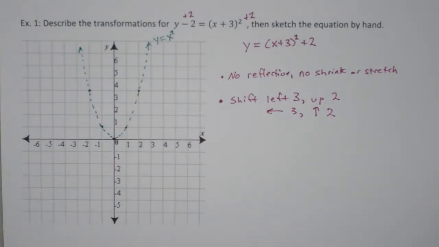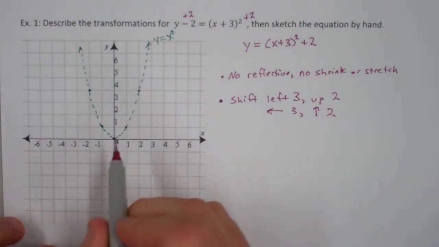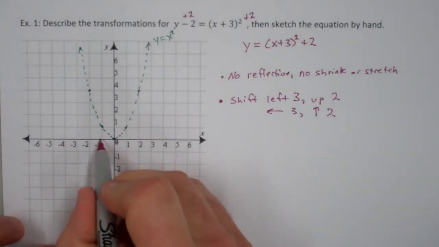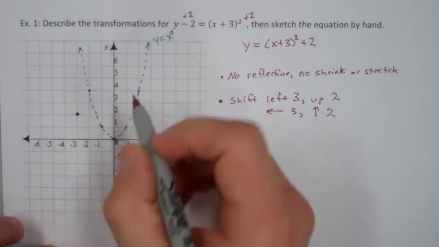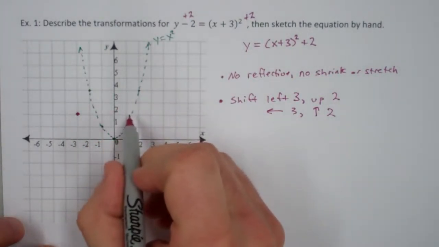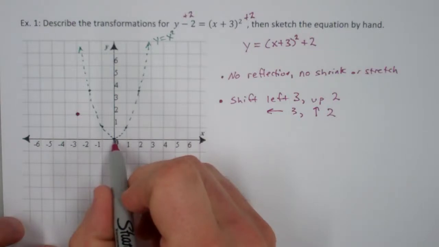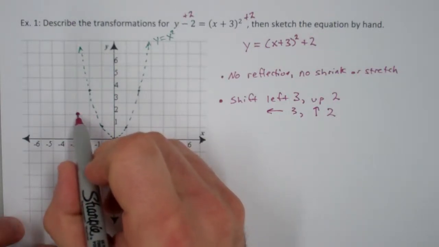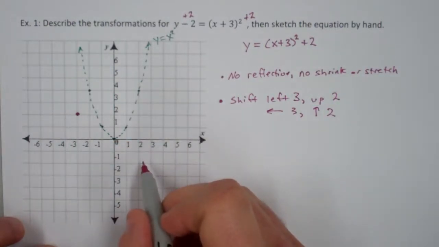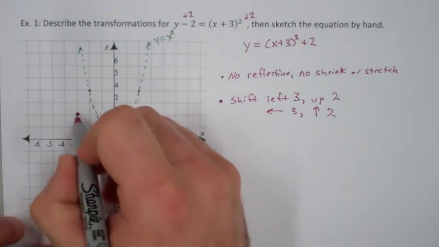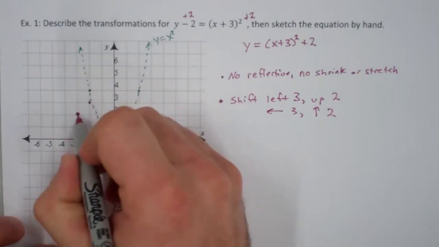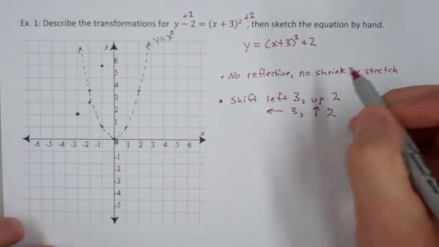So if you can graph the parent function, all we need to do now is shift every point 1, 2, 3 to the left and up 2. You can do that with each point, or if you have a vertex like this, we can just recreate the graph as if this was the origin. So we went right 1 up 1 and right 2 up 4, so we'll go right 1 up 1 or right 2 up 4 from the vertex.